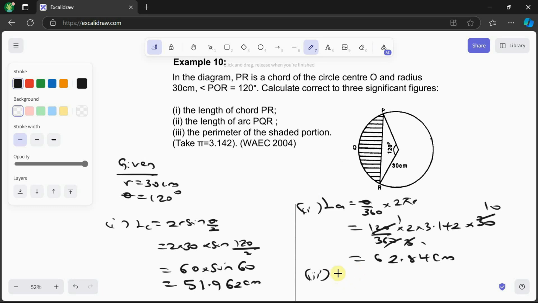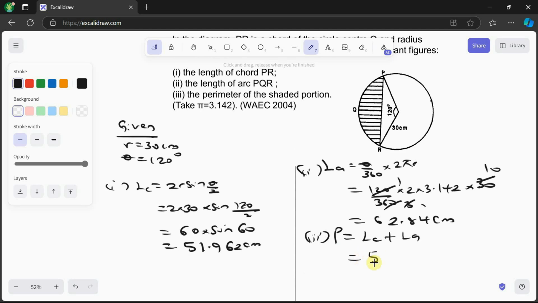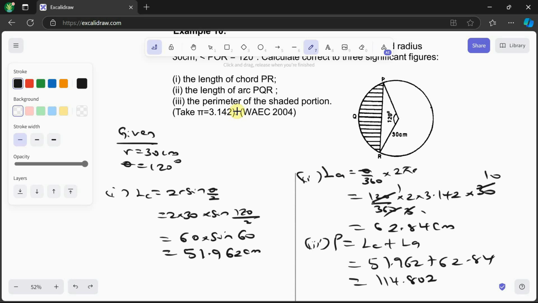So we could just say perimeter P is just Lc plus La, and that will be equal to 51.962 plus 62.84. By the time you add 51.962 with 62.84, that will give you 114.802. The question says that we should correct it to three significant figures.